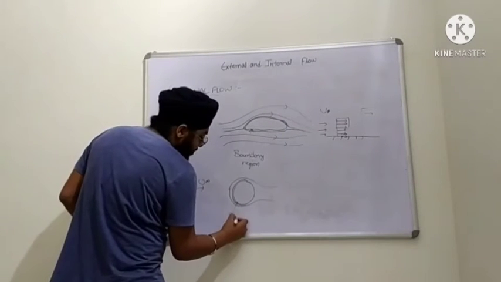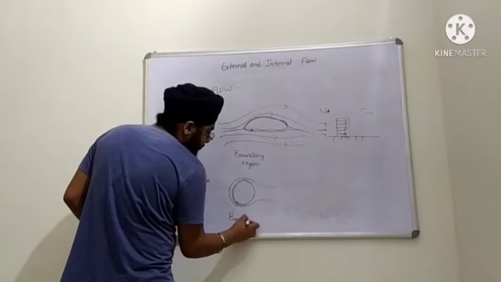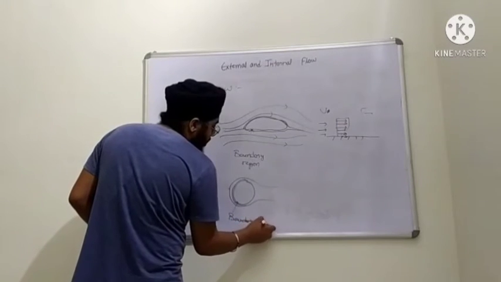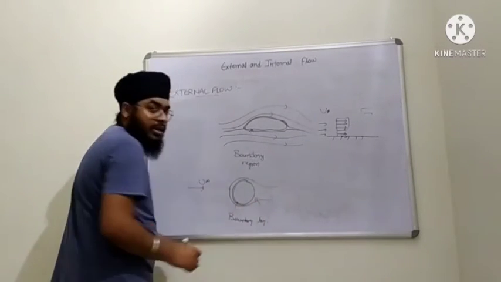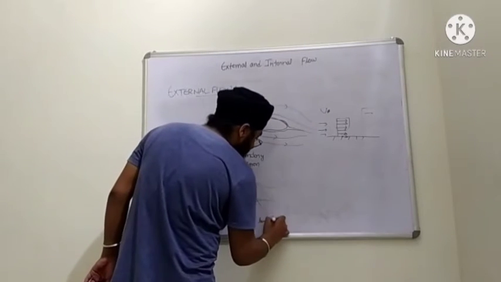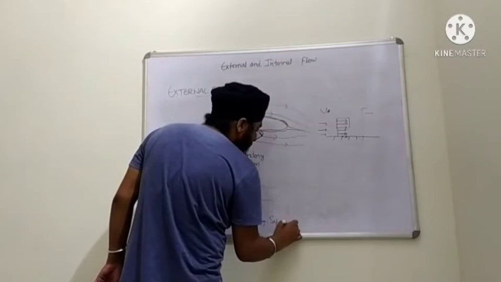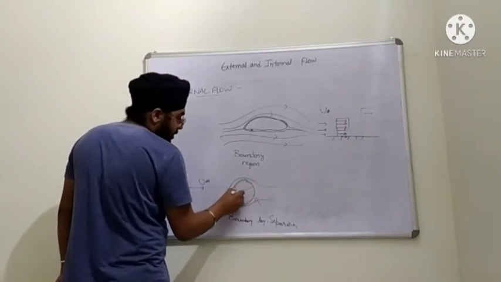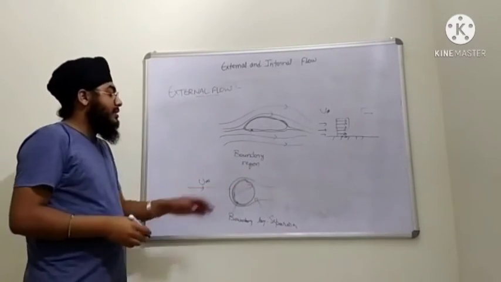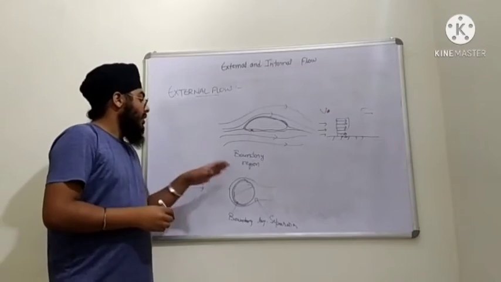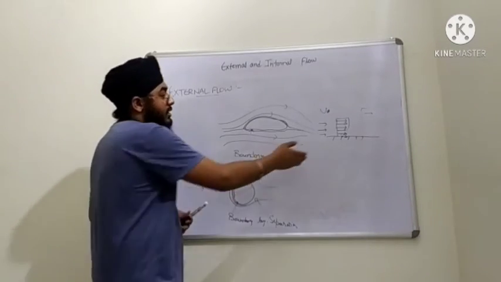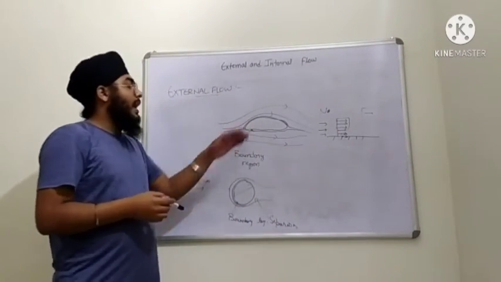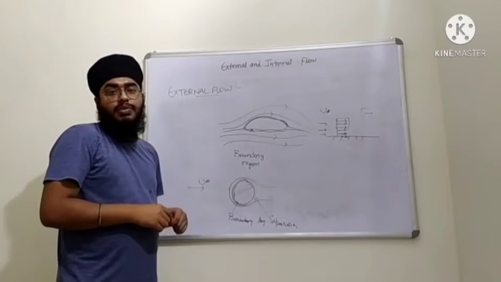This is the separation of the fluid from the body of the cylinder. This can be the diameter, and this is how an external flow occurs due to a cylinder. This is external flow due to a plate, and there is one submerged body.